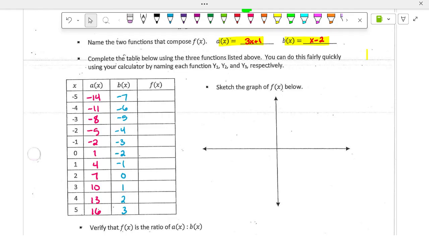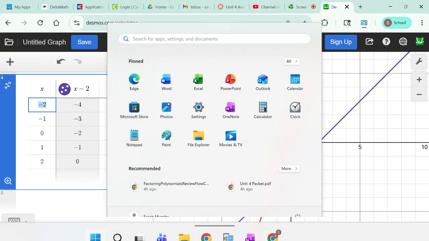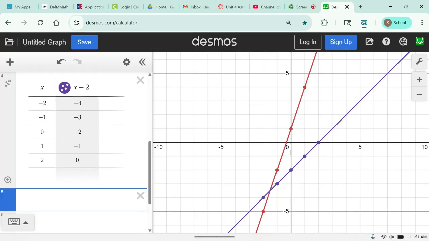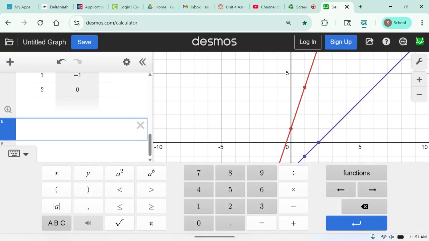Now, if you're waiting, go ahead and do f of x too. So do 3x plus 1 divided by x minus 2. Make sure you put the 3x plus 1 in parentheses, otherwise it won't do it correctly.